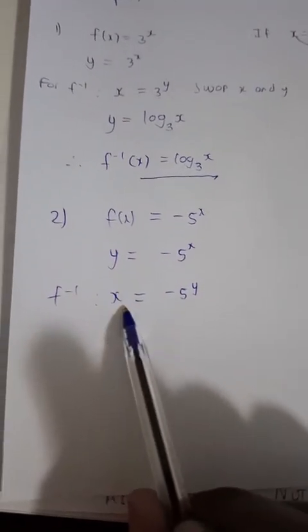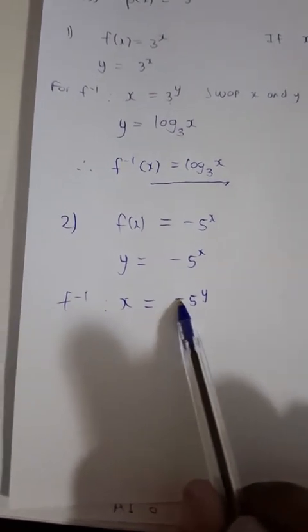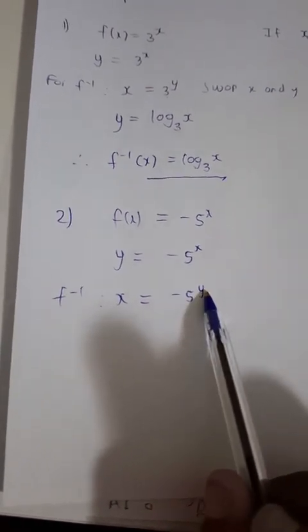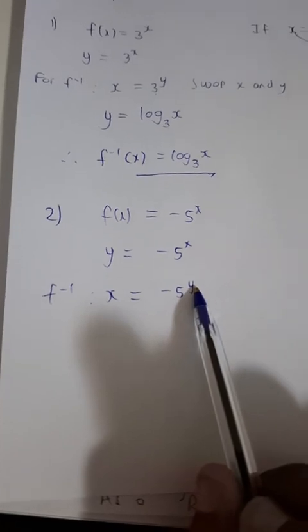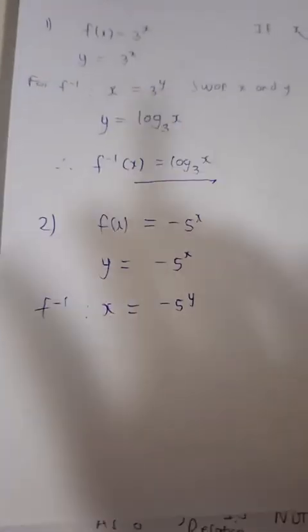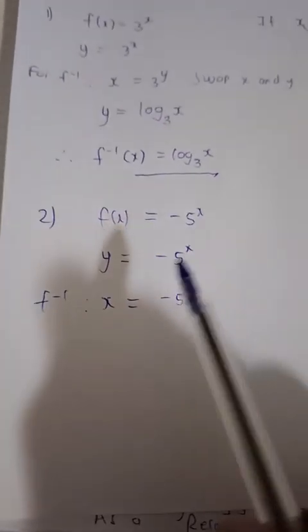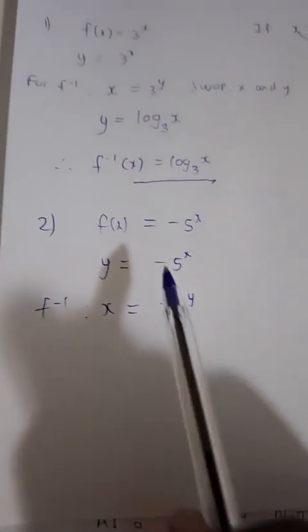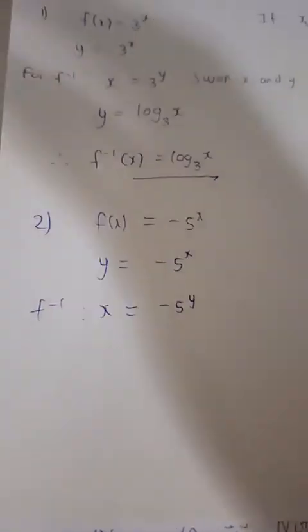Now you can see that x is equal to negative 5 to the power y. Remember, every time we are expressing the inverse, the first step we always do is swap the x and y.